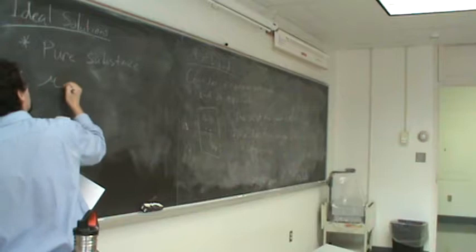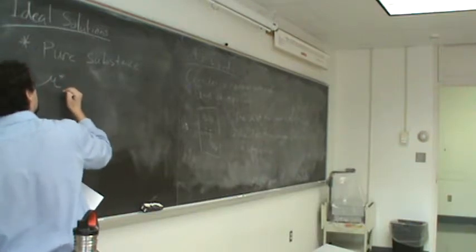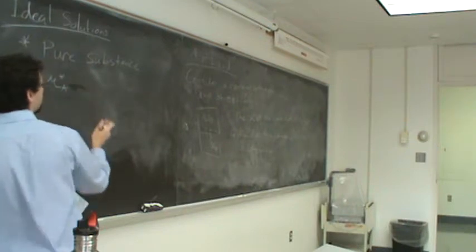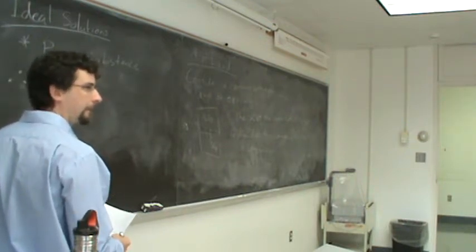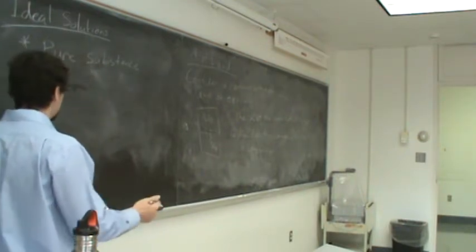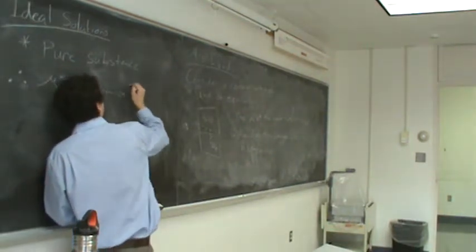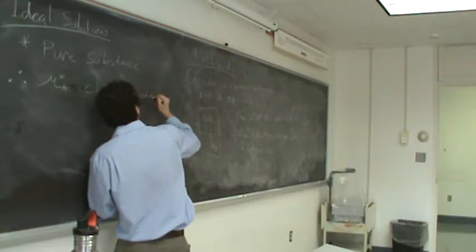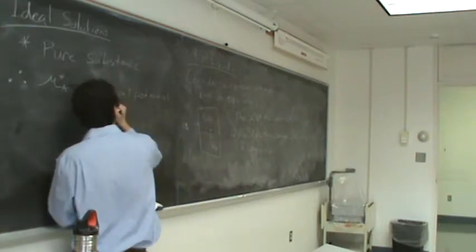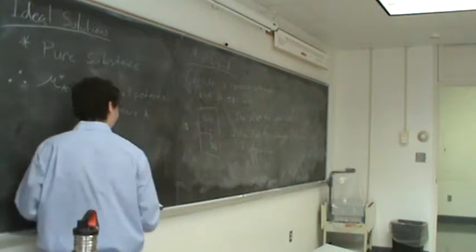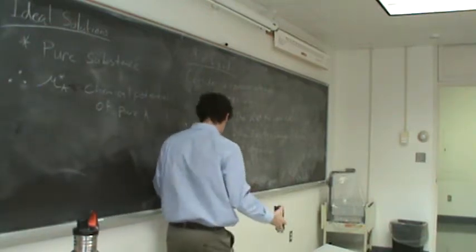Therefore, if I were talking about mu star A, what are we really talking about? Chemical potential of pure A.